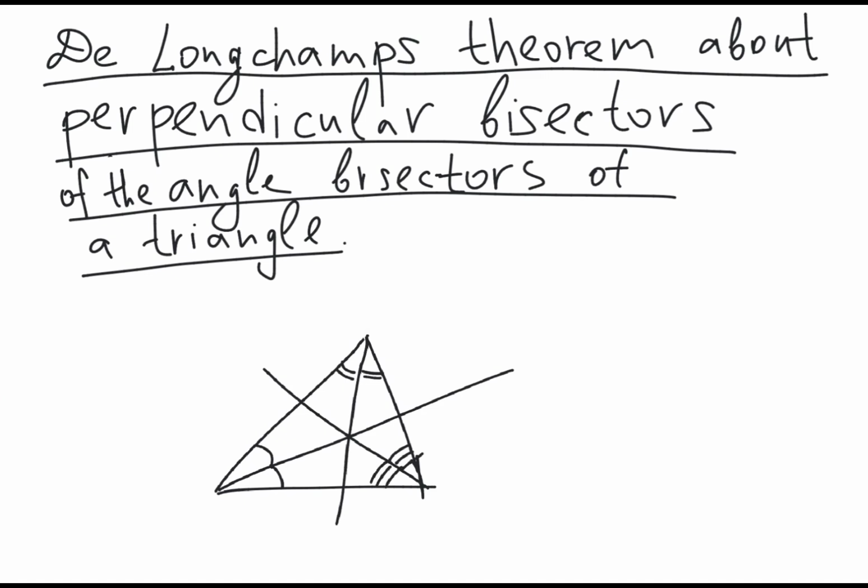And we consider now the perpendicular bisectors of this angle bisector. So let's remove this. So each bisector is a segment. So let's say this bisector, we take this segment, we find the midpoint of this segment, and we draw the perpendicular, so like this.